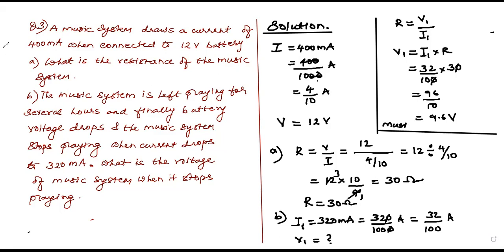The voltage of the music system is 9.6 volt when it stops playing. This is the answer, children, what I have written here.